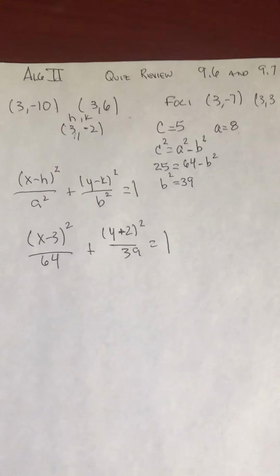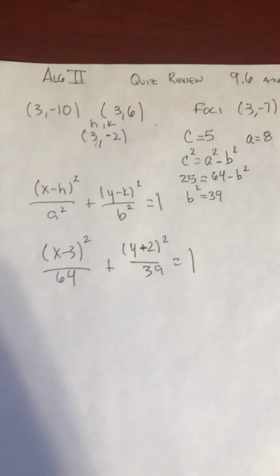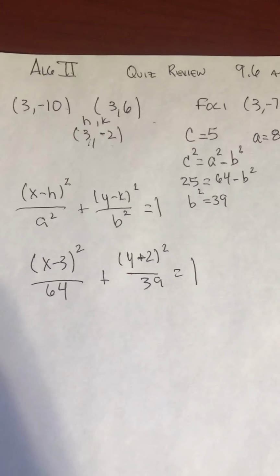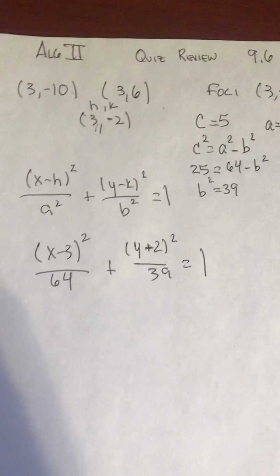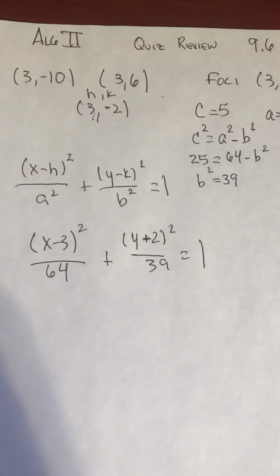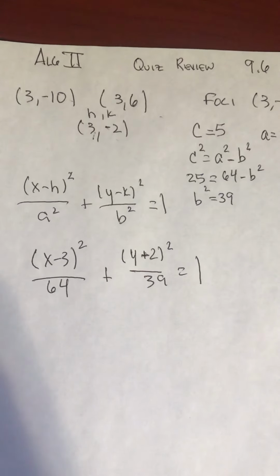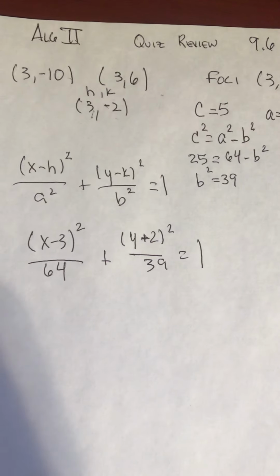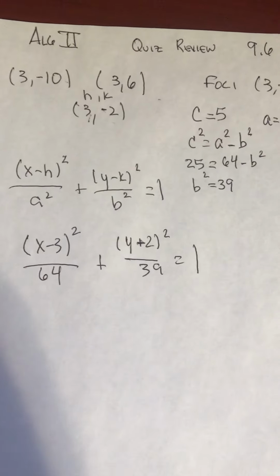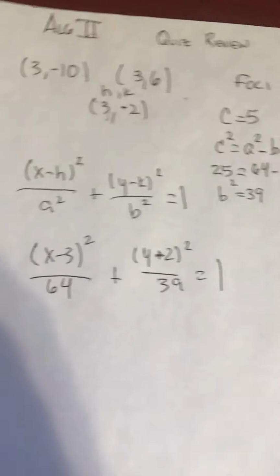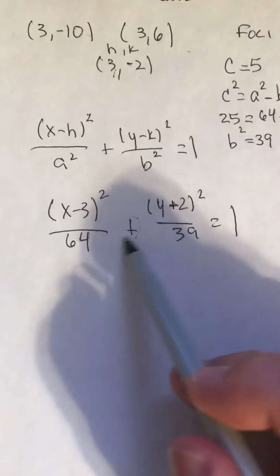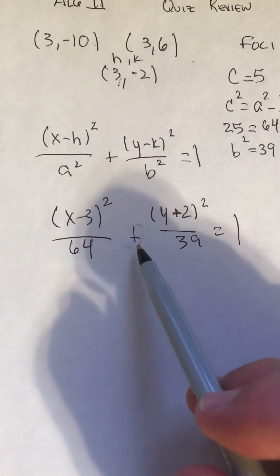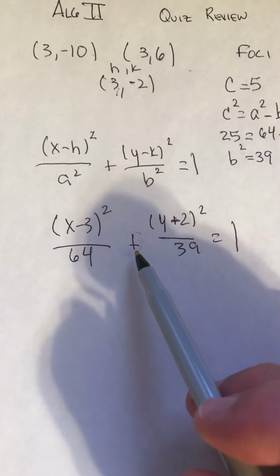All right. Now, when you are given the task of finding the equation of an ellipse or a hyperbola, you do the same type of stuff. The difference between an ellipse and a hyperbola is that this sign right here is going to be a minus sign for a hyperbola.